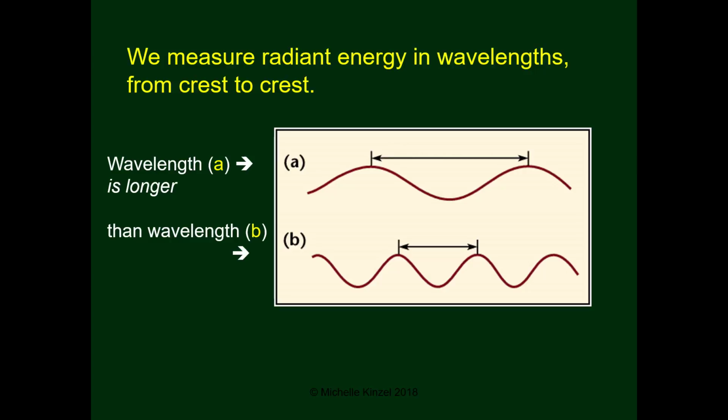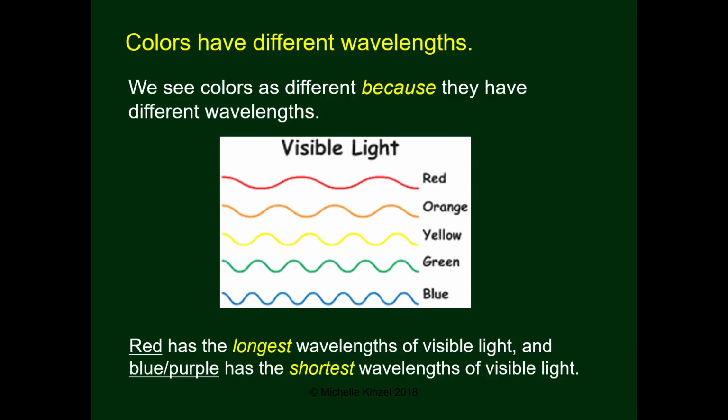Wavelength A is longer than wavelength B. The colors that we think of that make up visible light have different wavelengths. So white light is a combination of all of the basic colors: red, orange, yellow, green, blue, indigo, and violet. And we see different colors because they have different wavelengths. Red has the longest wavelength of visible light, and blue or violet or purple has the shortest.